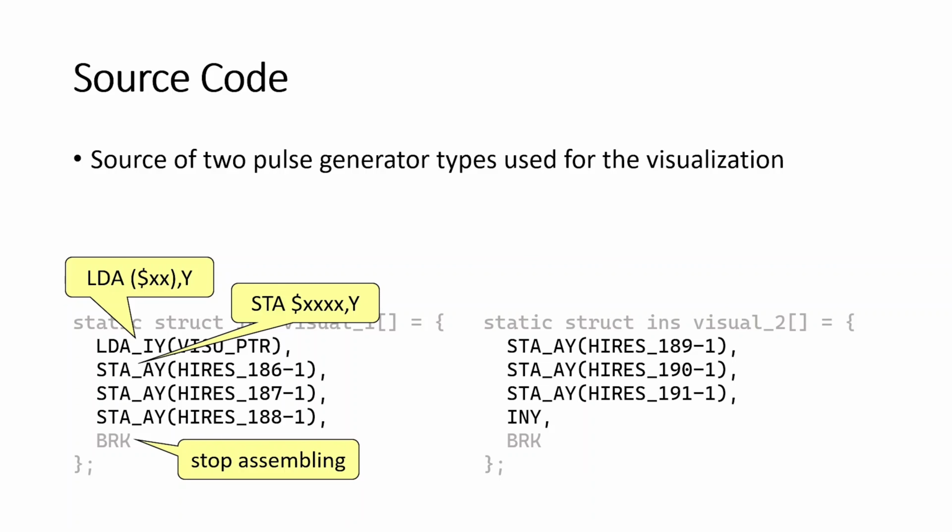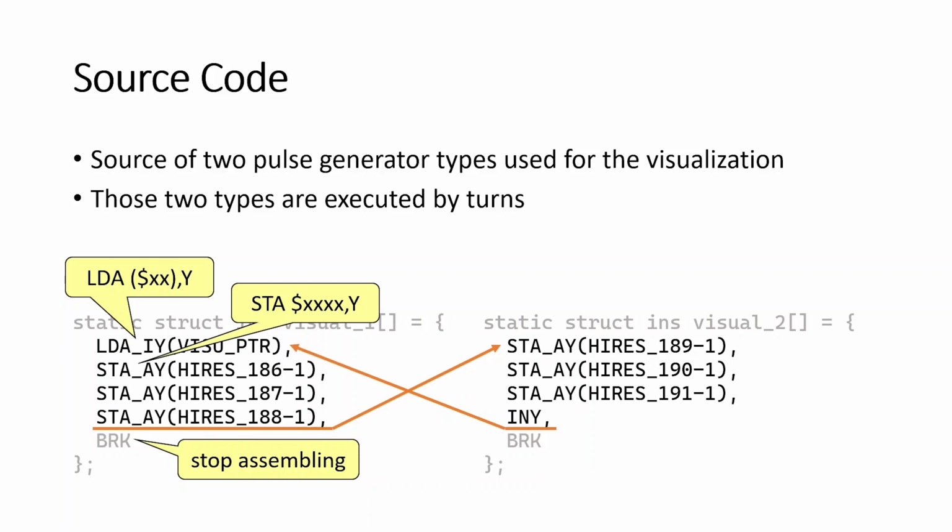And this here is nothing to care about because it just stops the assembler. The statement never makes it into the generated code. Those two types are executed in turns, so the source code actually makes sense.